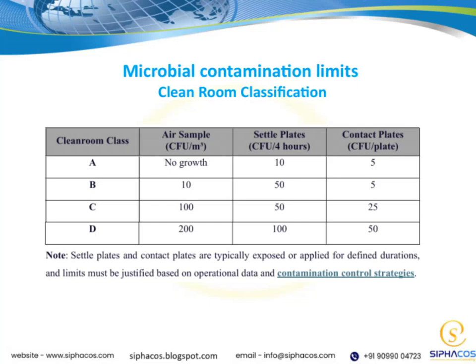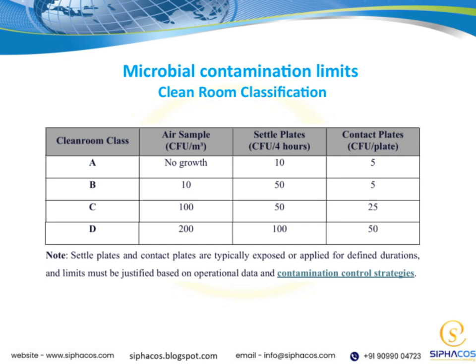Let's take a closer look at microbial contamination limits and how they relate to clean room classifications. These limits are crucial because they define the maximum allowable number of microorganisms in the environment, ensuring product safety and quality. Different clean room classifications are established based on these microbial limits, with stricter standards for more sensitive products.